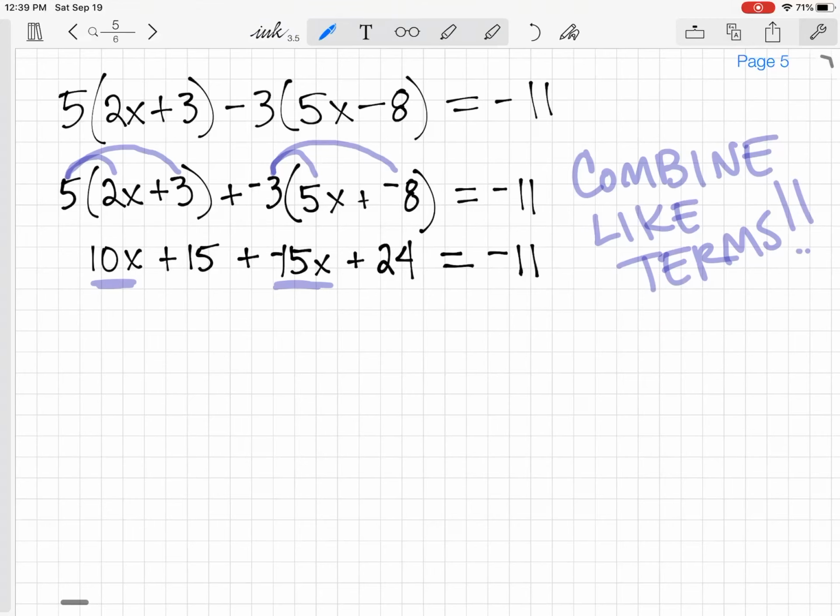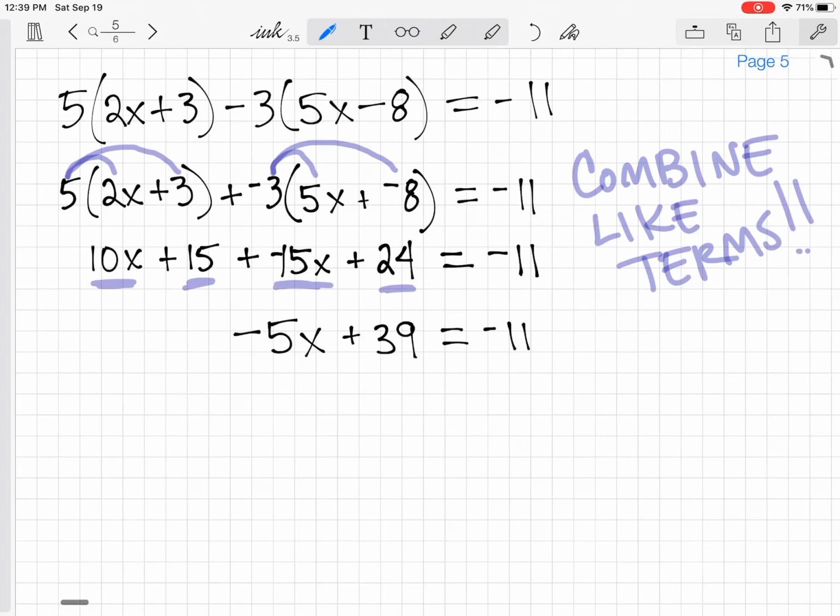So 10 plus negative 15 leaves me with negative 5x. The next set of like terms I see is 15 and 24. So that's going to give me 39. And I still haven't touched the right side, so that remains negative 11.